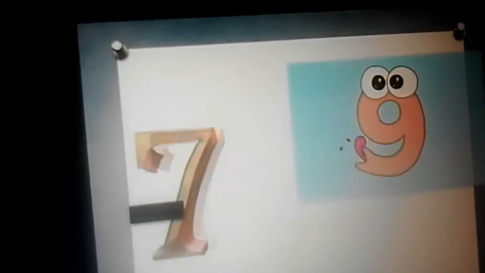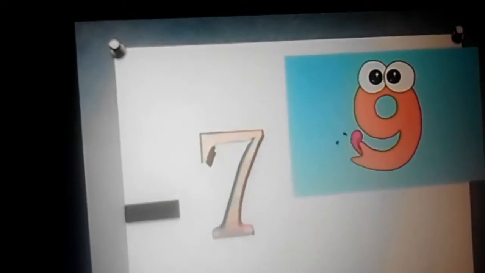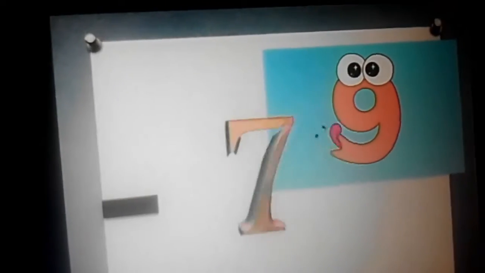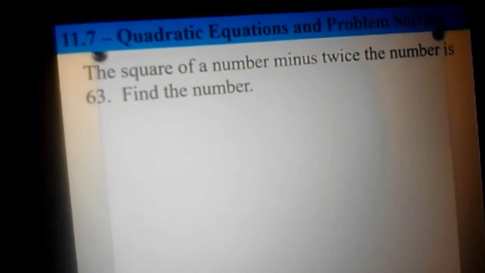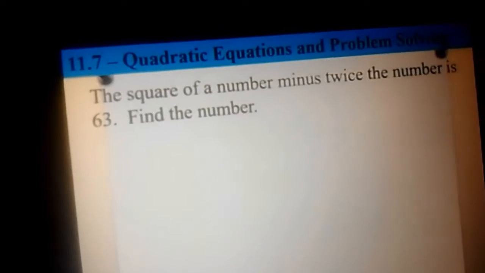So another application is when we deal with numbers. It is either a negative number or a positive number. So, when is the case we consider negative and positive? Let us have a problem about numbers.